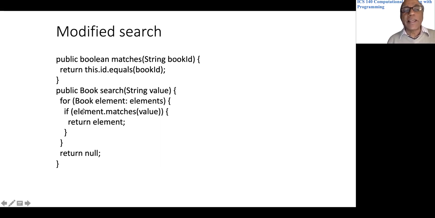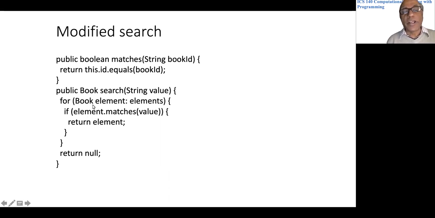So what we are saying is, okay, let's delegate the responsibility of matching the parameter value against the book's ID on the book itself. Let the book tell me whether this value is matching the ID of the book that I pick out here.